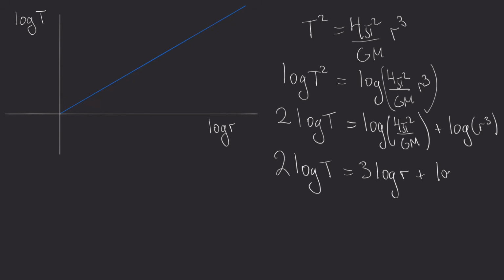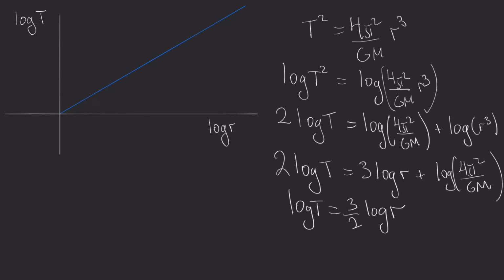Now, we can even do one more step if we wanted to, because we're going to get that log of T is equal to 3/2 log of r plus the log of 4 pi squared over GM, and this here is divided by 2.